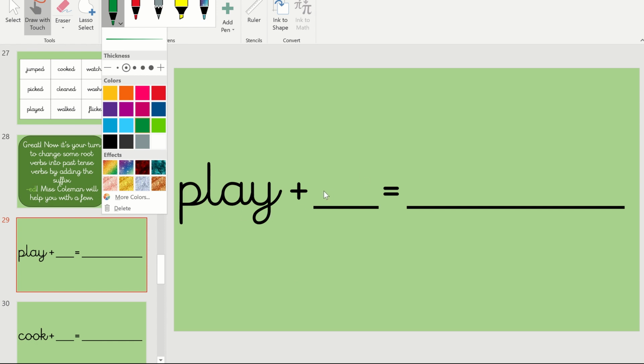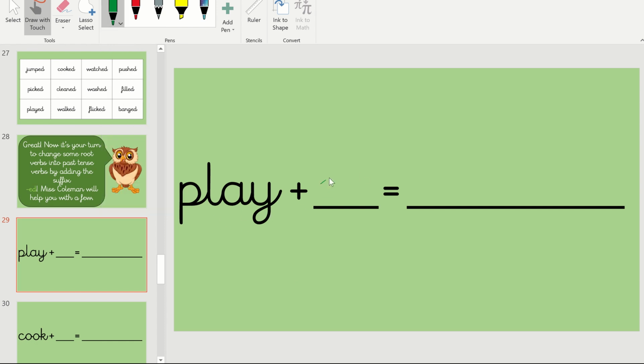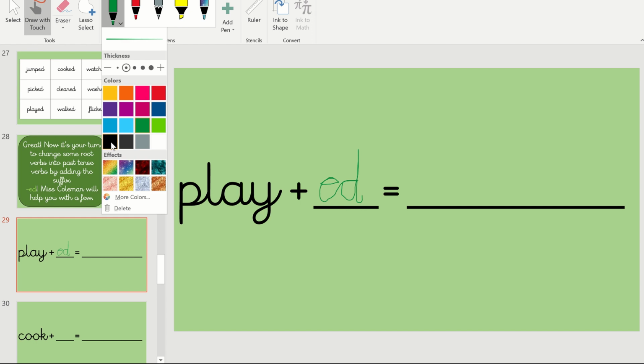Now we need to add the suffix. E and D. Super. Okay, and then I've got to write the past tense verb now.